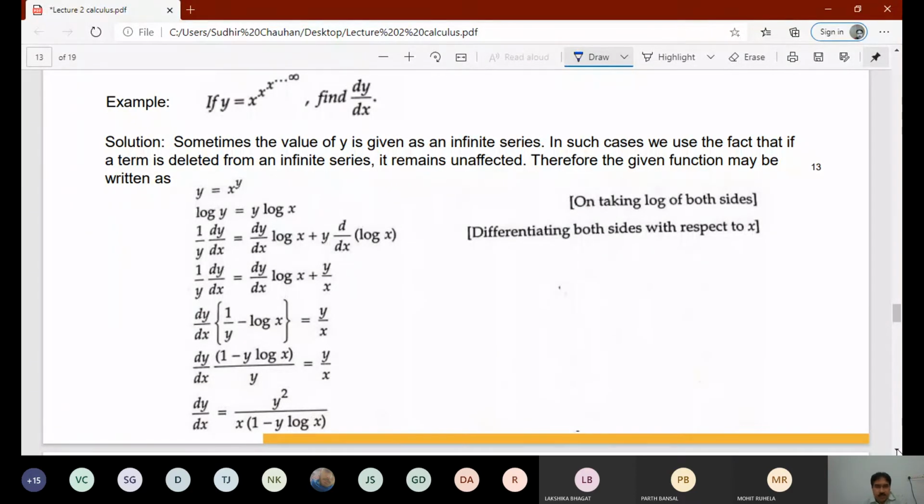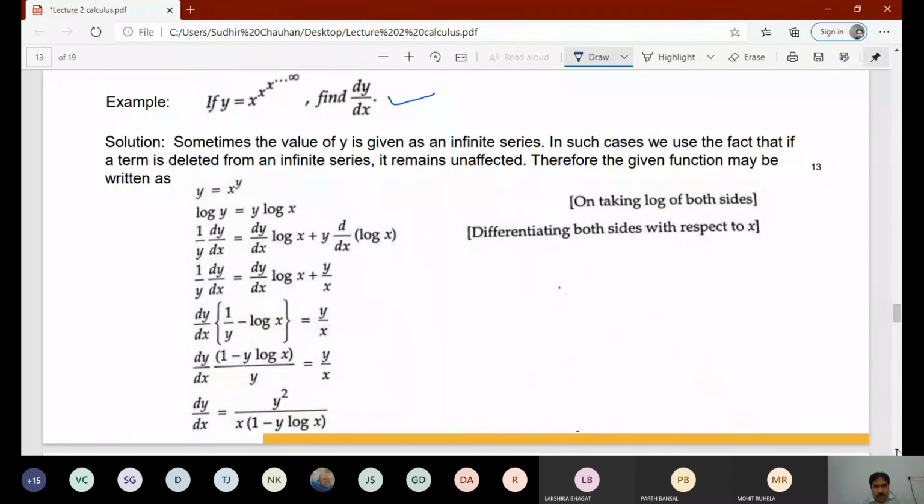That is, if we have an infinite series, then we can delete or add a finite number of its terms. So there will not be any effect if we delete or add a finite number of its terms because it is extending up to infinity. So if we have y is equal to x raised to power x raised to the power x and so on up to infinity, and we have to find dy by dx.